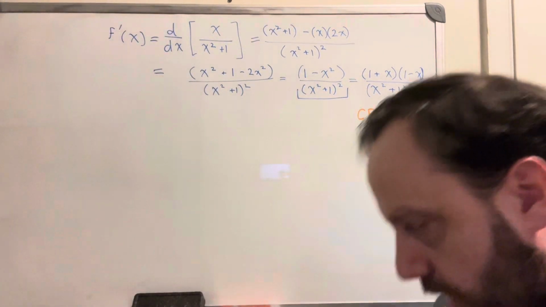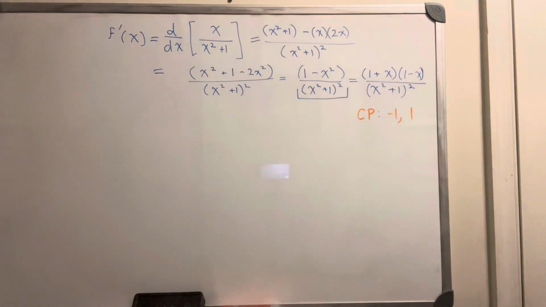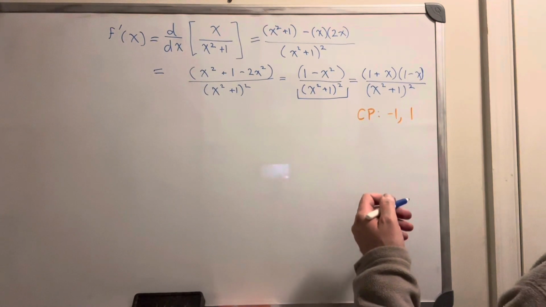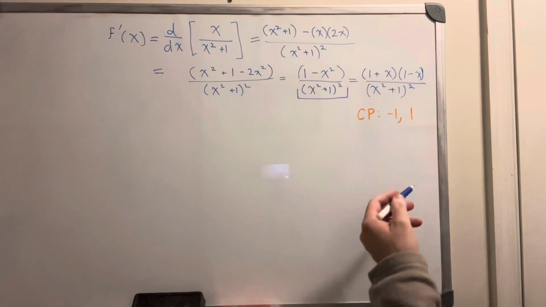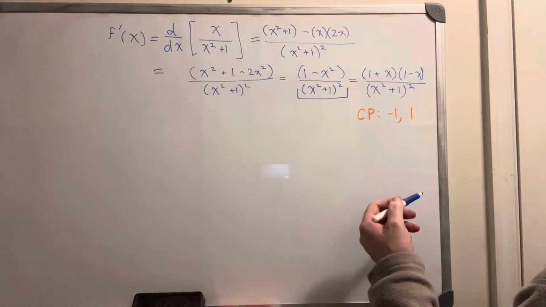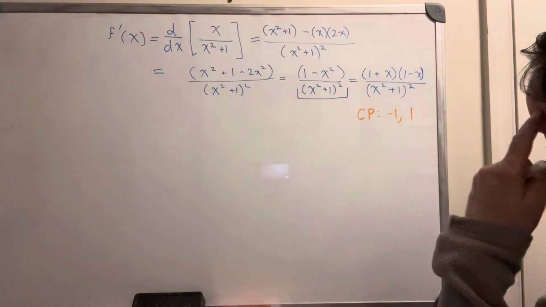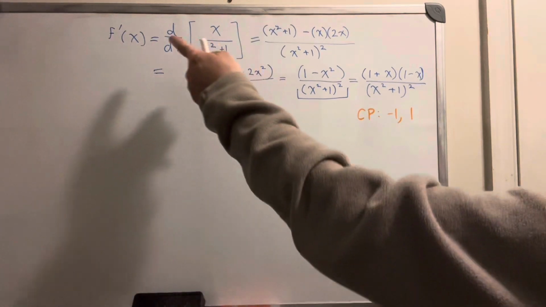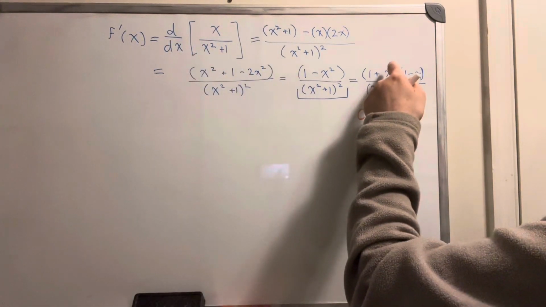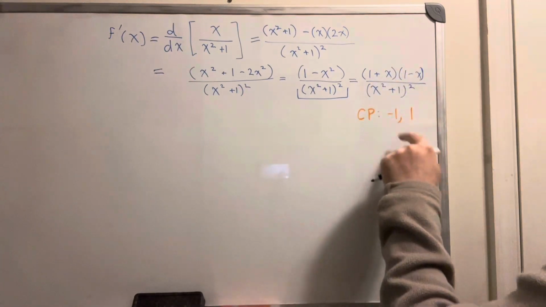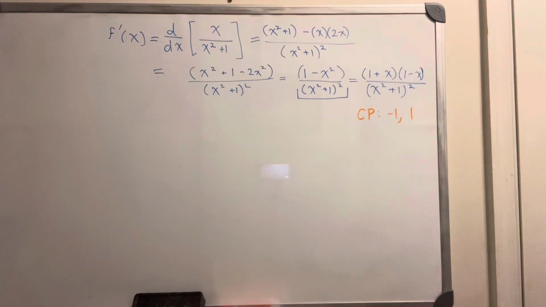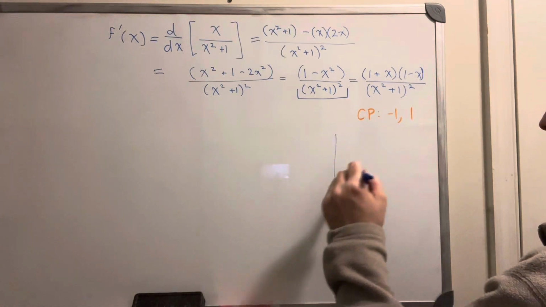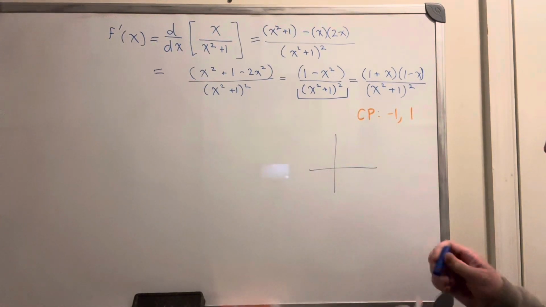Now, with the first derivative test, you might remember to be able to tell whether a point's a minimum or a maximum, you have to think to yourself, what's the sign of this function right before and right after these critical points? But with the second derivative test, let me show an example of a function right here.